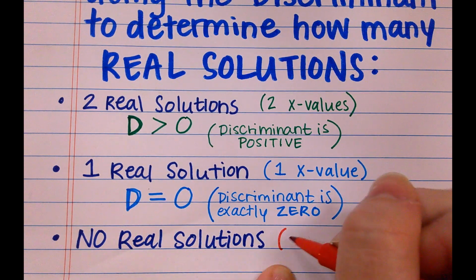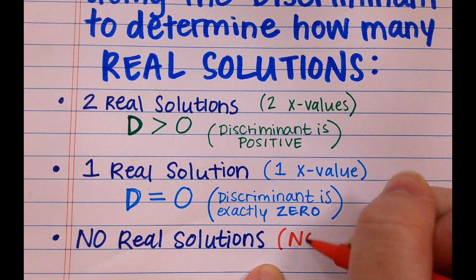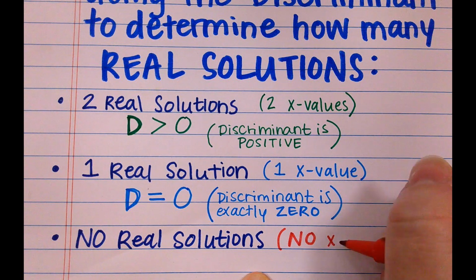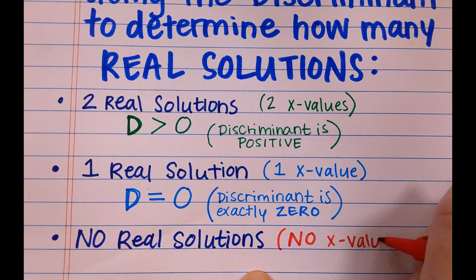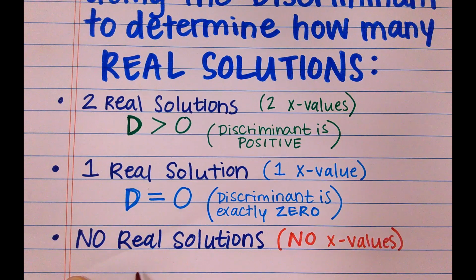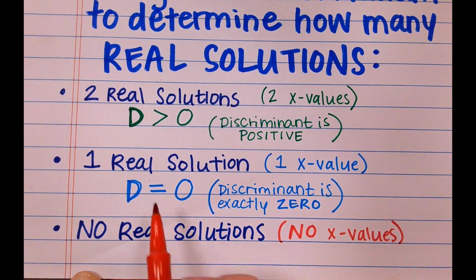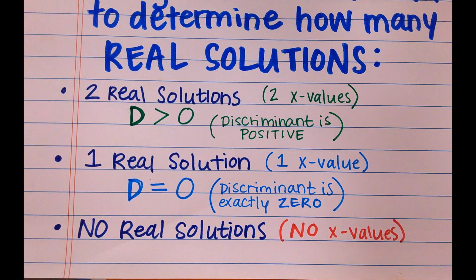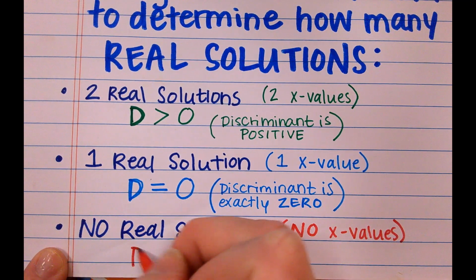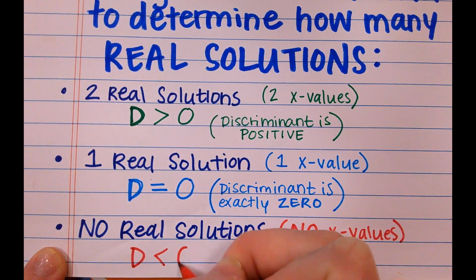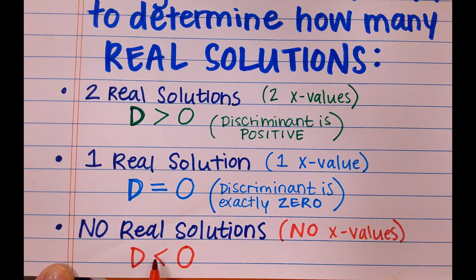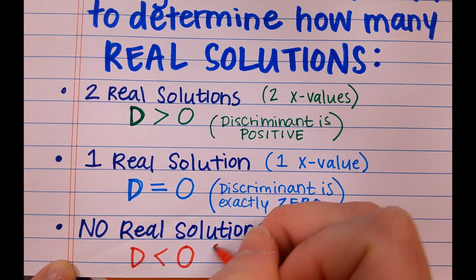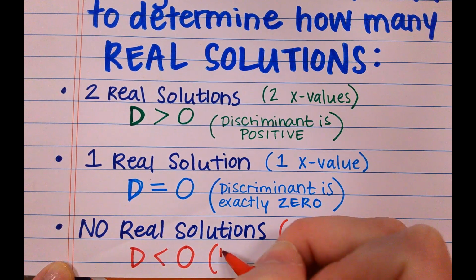So we put no x values. This happens when our discriminant is a negative number, or when the discriminant is less than 0.